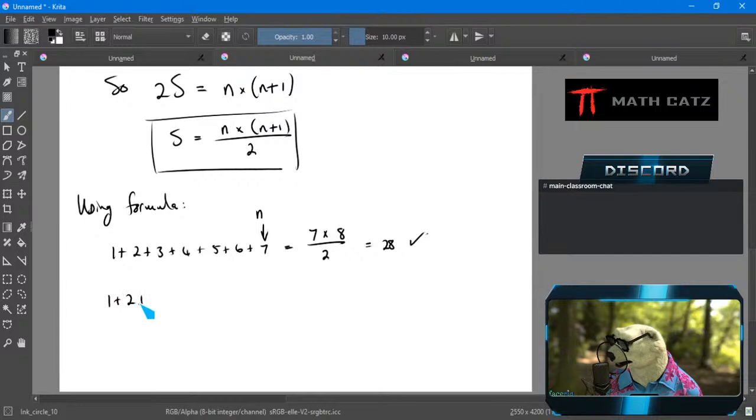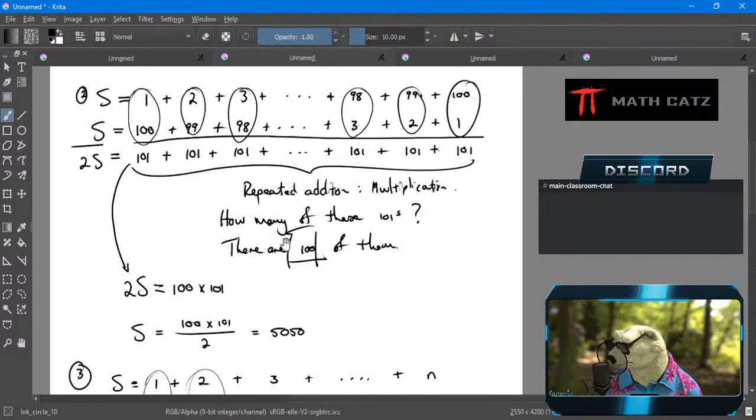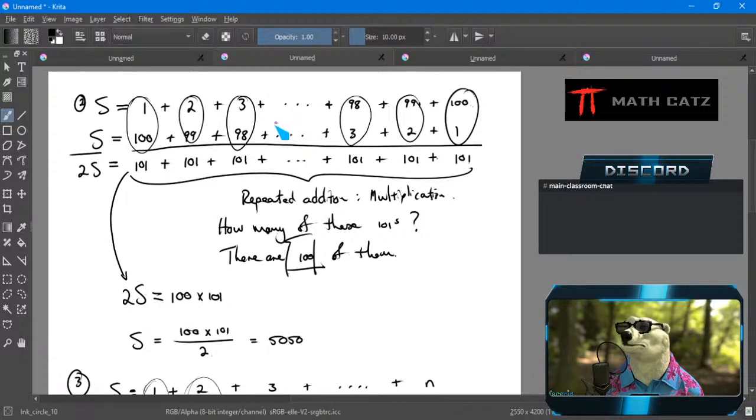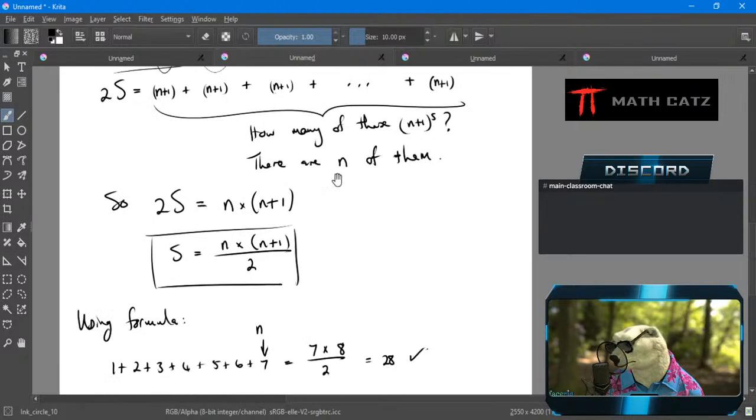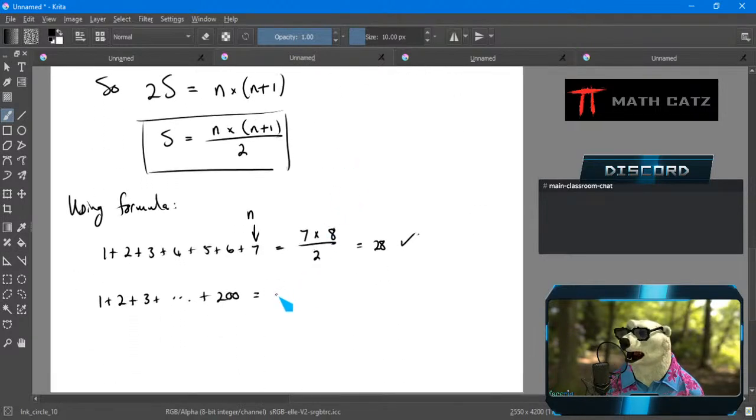But now if I go 1 plus 2 plus 3 all the way to, let's go 200, I don't know. I do have a strategy. It doesn't take that long. I could go through the motions of doing this every single time. It's not that long. It's totally doable. I just have another option by way of the formula, in that I can now say it is the end number times the end number plus 1 over 2.